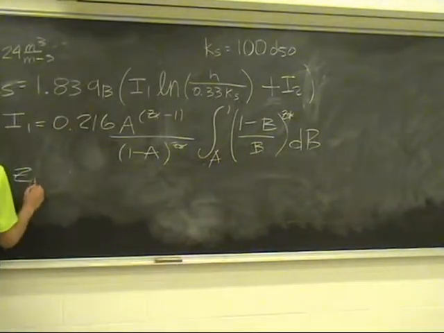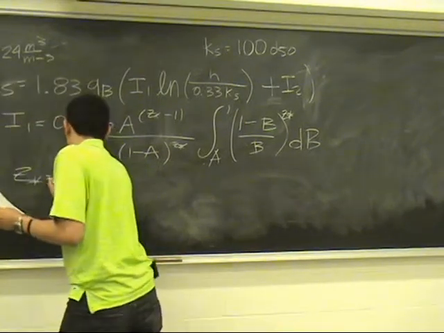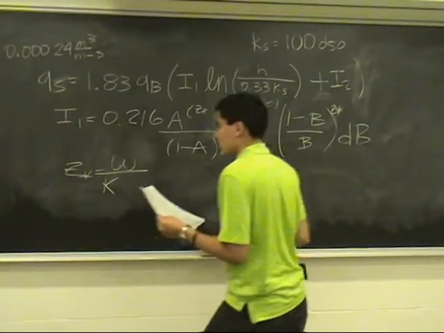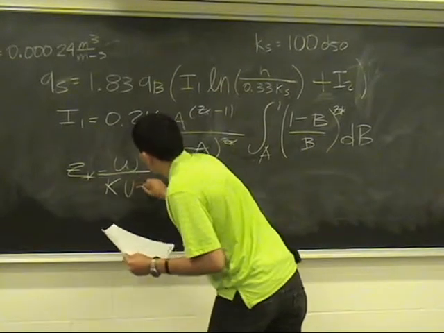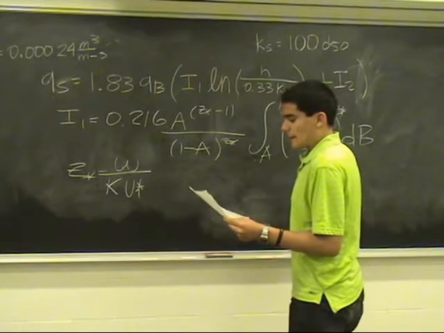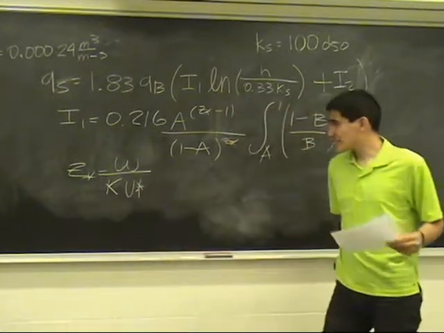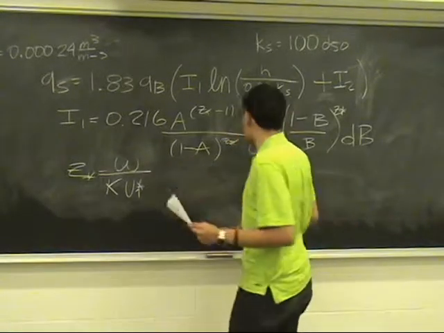So for Z star, what does it equal? It equals the falling velocity divided by the von Karman constant divided by the friction velocity of the channel. We know this from the past. Nevertheless, we do not know the falling velocity.